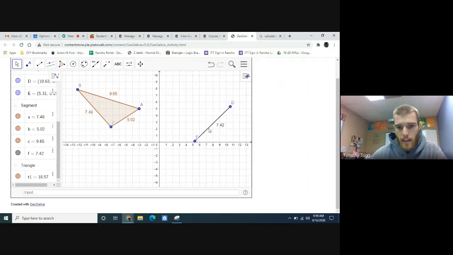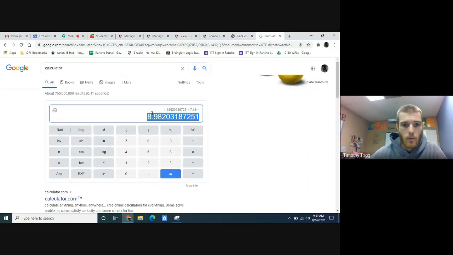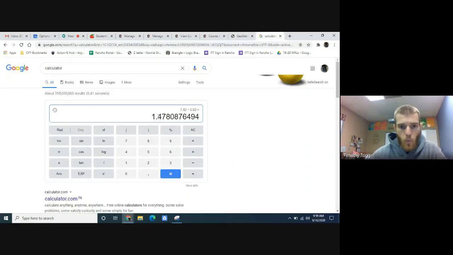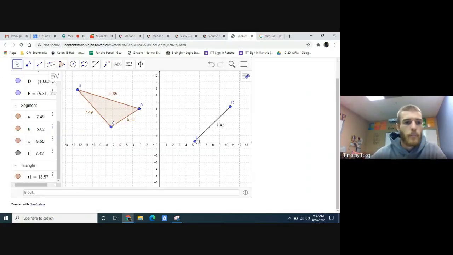So we want to divide that there. So 7.42 divided by 5.02. Okay. So what we've got is 1.4 whatever. Okay. So this is the ratio of those two side lengths. Cool.